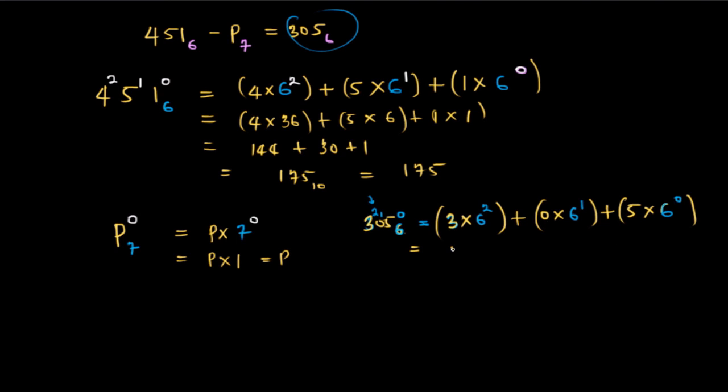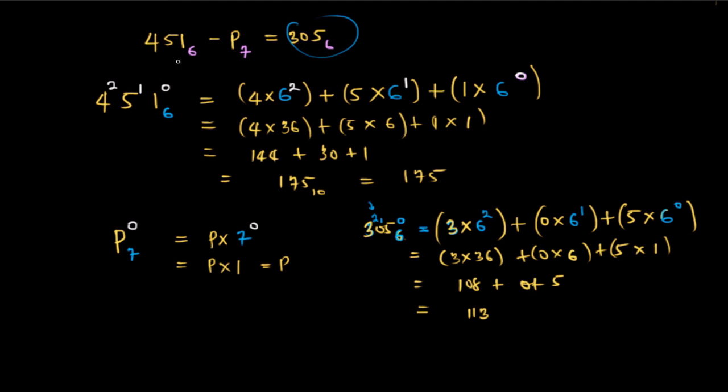So this becomes 3 times 36, plus 0 times 6 to the power 1 which is 6, plus 5 times 6 to the power 0 which is 1. Now 3 times 36 is 108, plus 0 gives 0, plus 5 times 1 gives 5. So 108 plus 5 gives you 113.